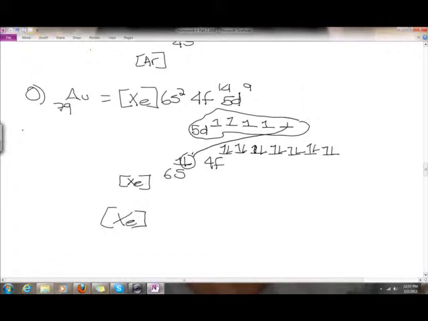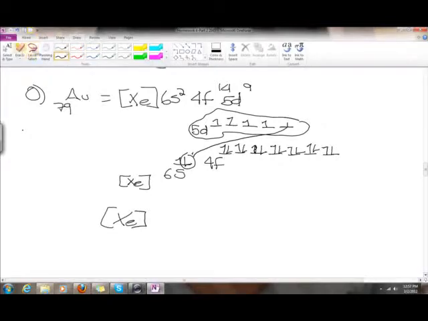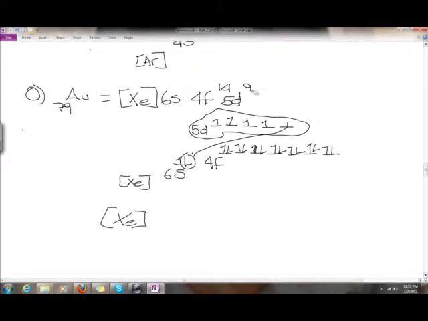And by the way, I'm going to go ahead and change it on top. I'll fill it out when I finish the diagram. And it's going to be 6S1, and then we got the 4F. 1, 2, 3, 4, 5, 6, 7.